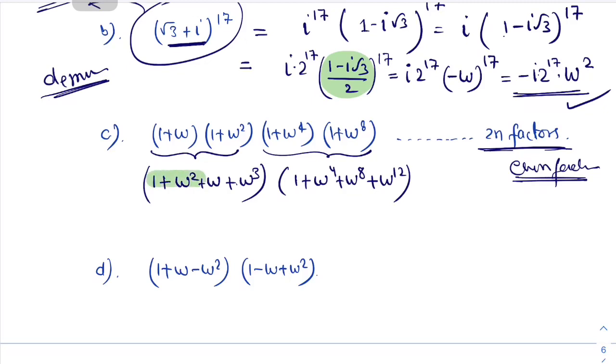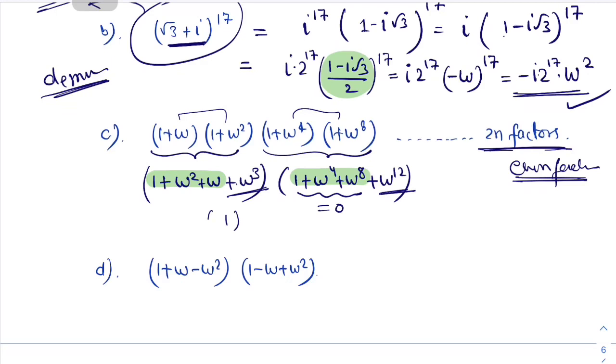Now observe, this thing is 0, again this thing is 0. 1 plus omega to the power n plus omega to the power 2n is also 0 if n is not a multiple of 3. So this portion is also equal to 0. You can clearly see that by combining these two factors, we are getting this 1.